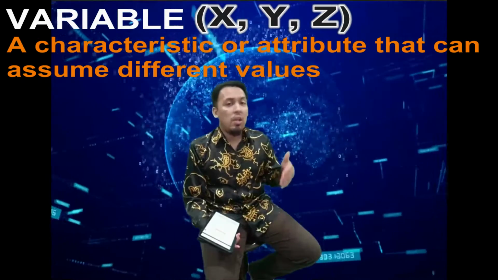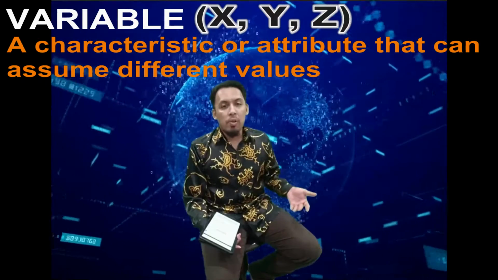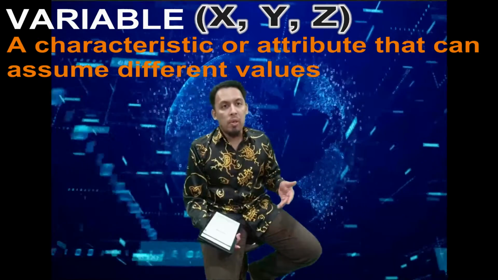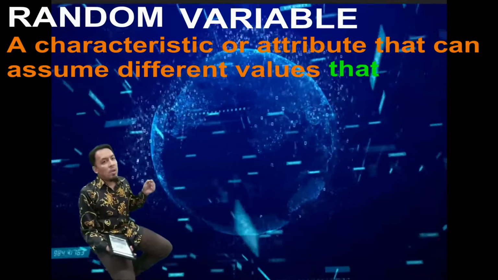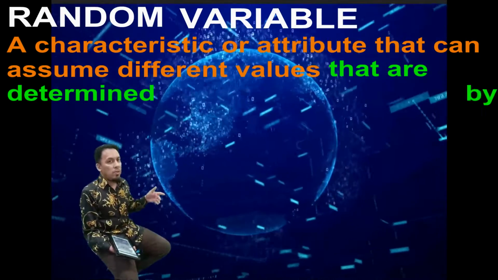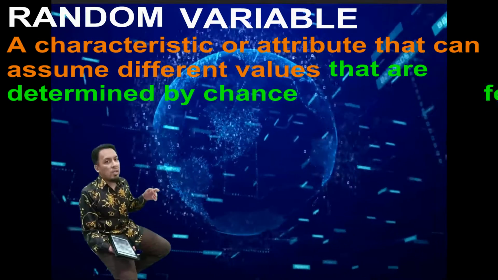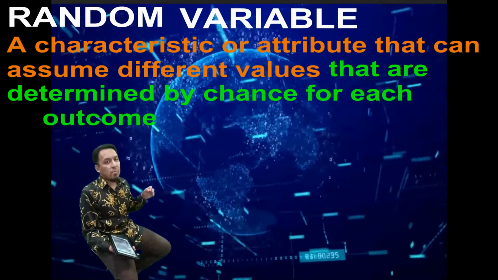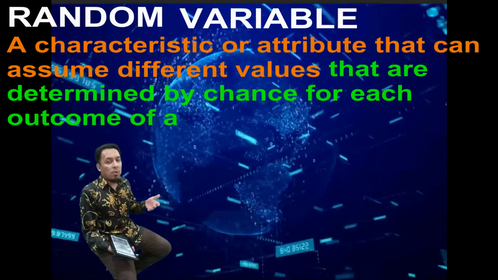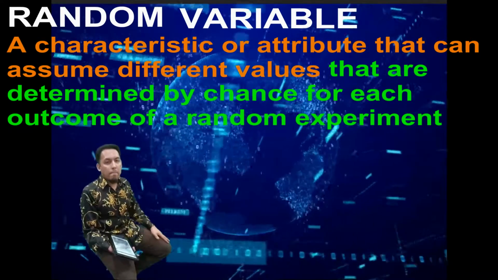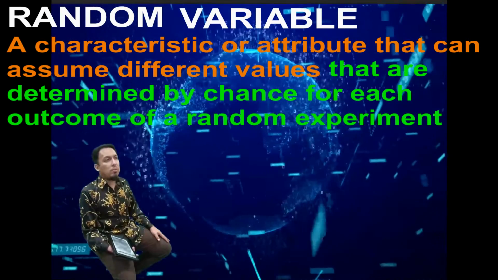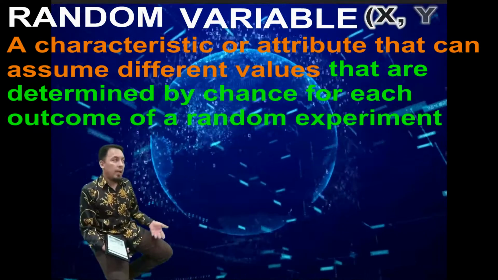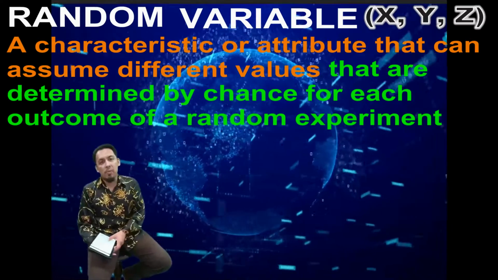Basically, a random variable is a variable that comes from a random experiment. A random variable is a variable whose values are determined by chance for each outcome of a random experiment, and it is also usually denoted by capital letters X, Y, and Z.